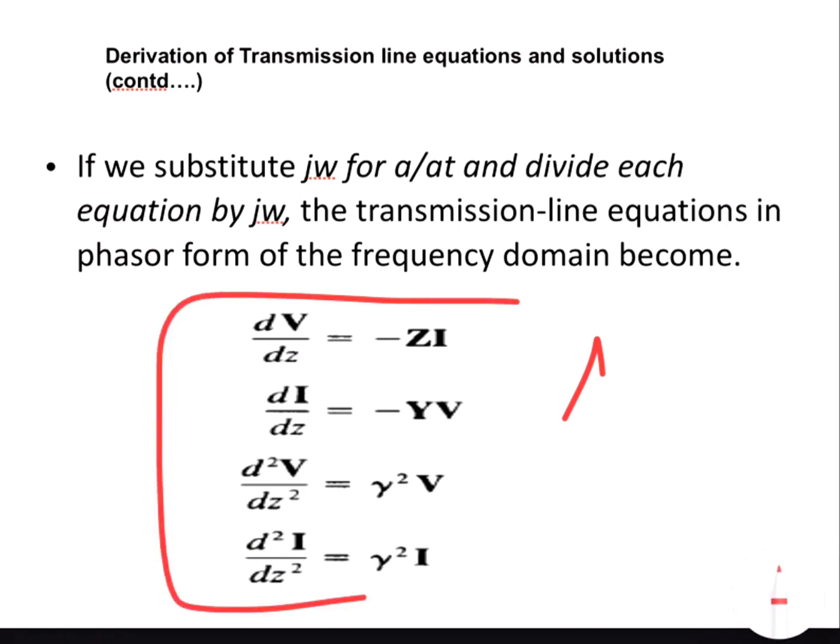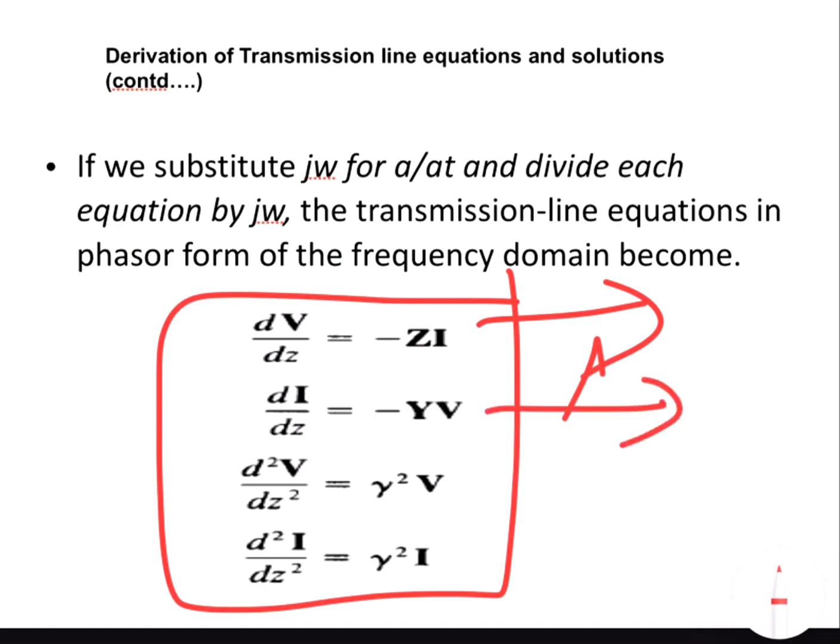So we have the set of equations, that is dV by dz is equal to minus ZI, and dI by dz is equal to minus YV. That is, we are getting the output in terms of characteristic impedance and admittance. In the same way, d square V by dz square is equal to gamma square into V, and d square I by dz square is equal to gamma square I. Here we are trying to get the output in terms of current and voltage.